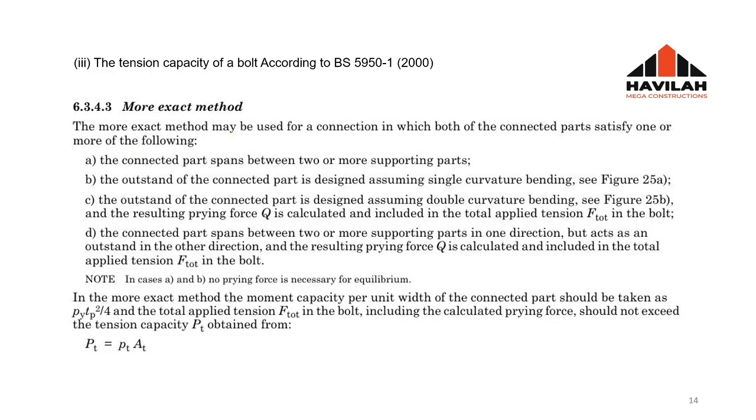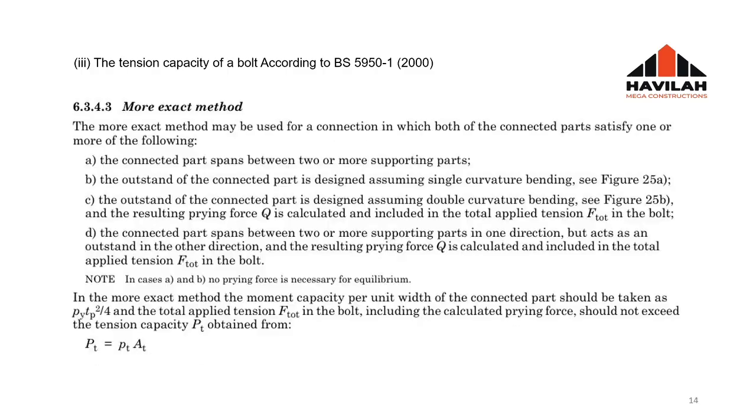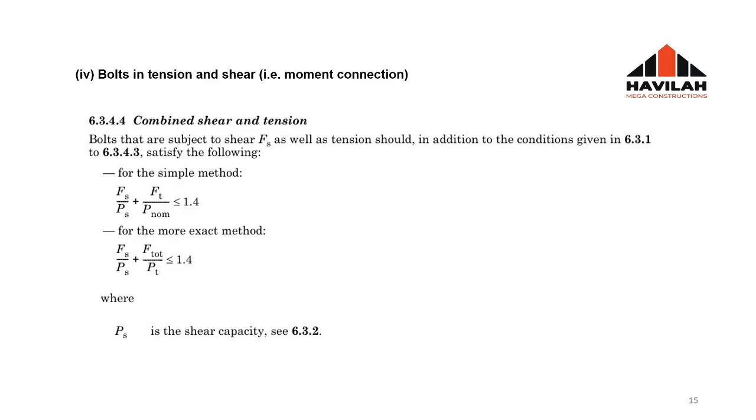So the formula is: tension capacity Pt equals pt, the tension strength defined in table 34, multiplied by At, which is the tensile stress area. All right, that's the more exact method. We also have bolts in tension and shear. That's the moment connection.